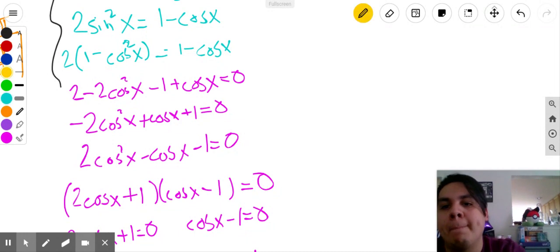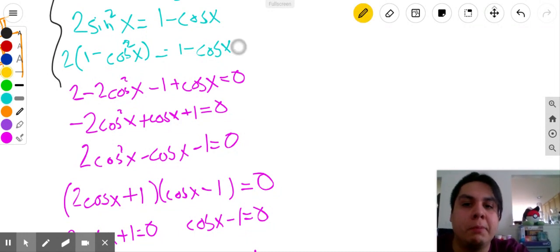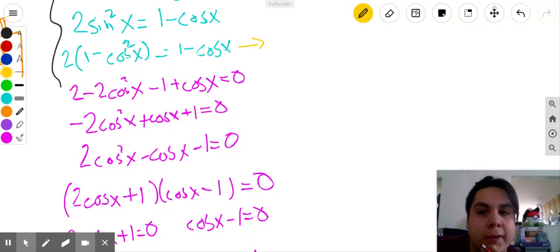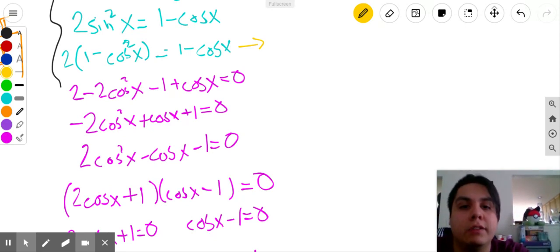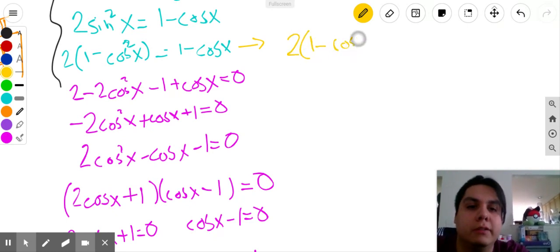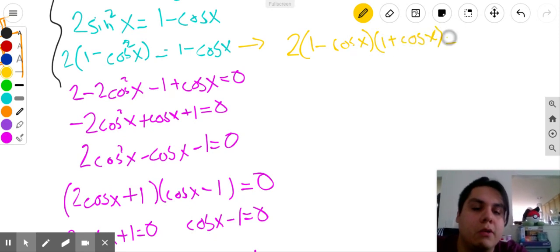All right. So at this step is where I noted the big brainness. And here's what I note. 1 minus cosine squared is a difference of squares. And I can factor that real quick in my head. And I'm going to rewrite that as 2 times 1 minus cosine of x times 1 plus cosine of x equals, I'm going to put in parentheses, 1 minus cosine of x.